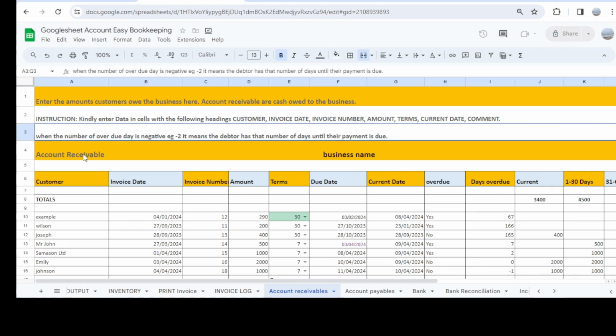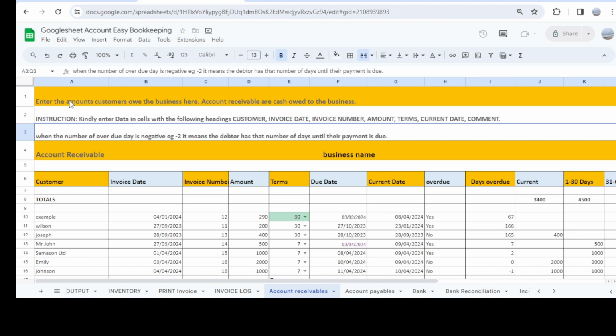This is your account receivable sheet. Here you record the list of your debtors and keep track of when their payment is due. Let's read the instructions. It says enter the amount customers owe the business here. Accounts receivable are cash owed to the business.